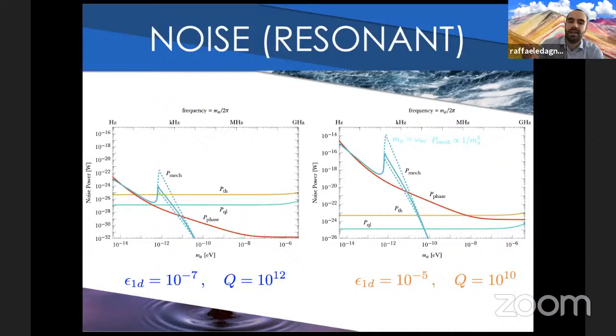Of course, as you decrease the axion mass, these two frequencies come closer together, and at some point these sources of noise dominate. But given that they are very suppressed geometrically, they start dominating only below, say, 10 to the minus 13 eV. It depends on the plot; I'm showing you two panels with different choices of parameters.